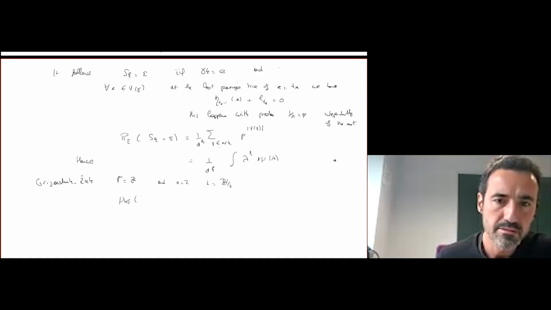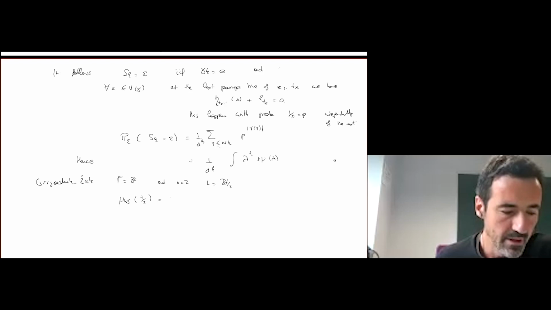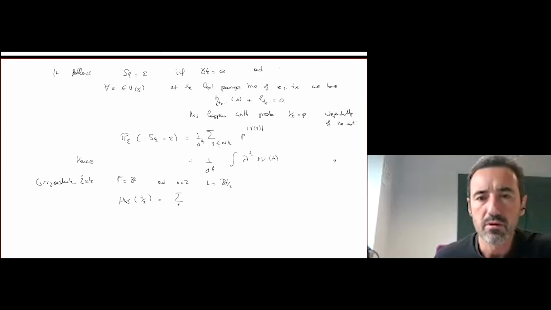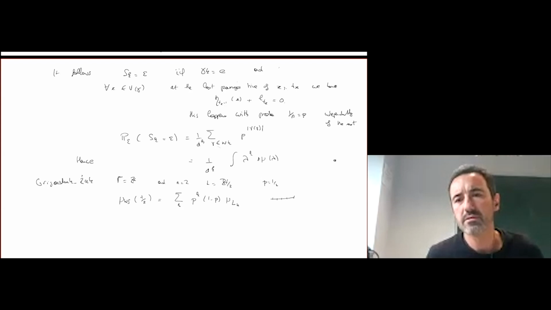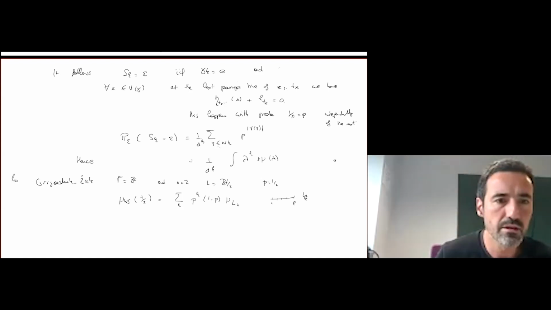And if you divide it by 1 over 2, this is equal to the sum over all k of p^k (1 minus p), so p is equal to 1/2 here, times the spectral measure of a line segment of length k. Okay, because this is L_k if you go from 1 to k. So this is a corollary.